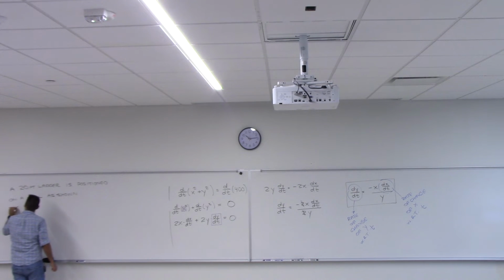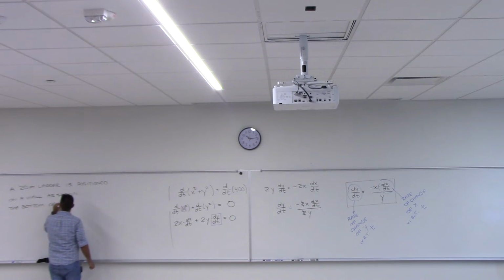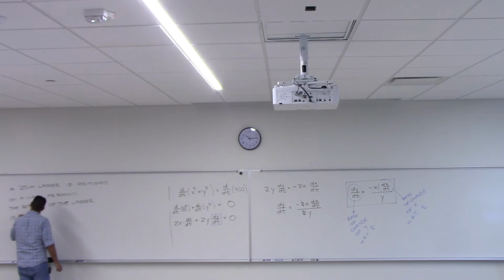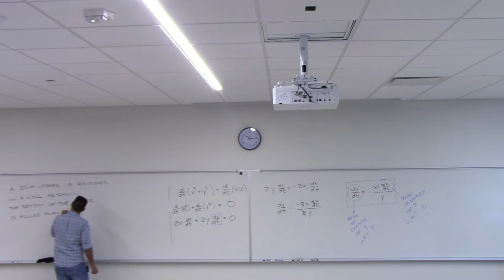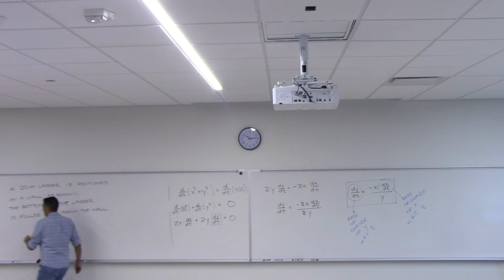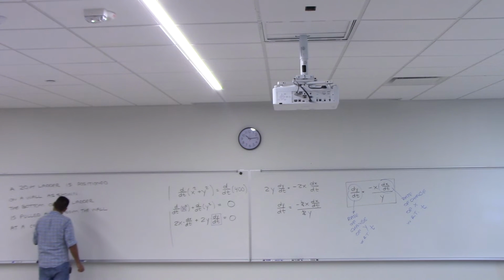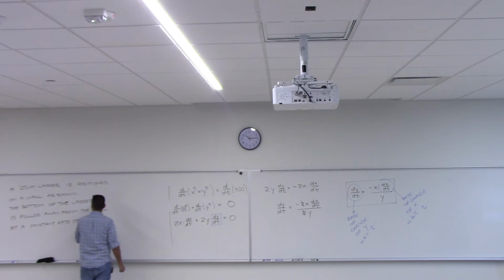The bottom of the ladder is pulled away from the wall at a constant rate of 2 feet per second.